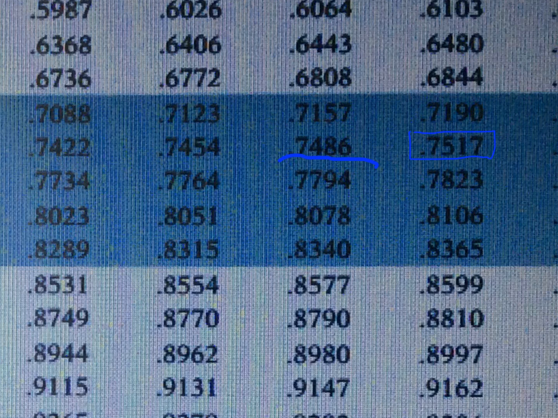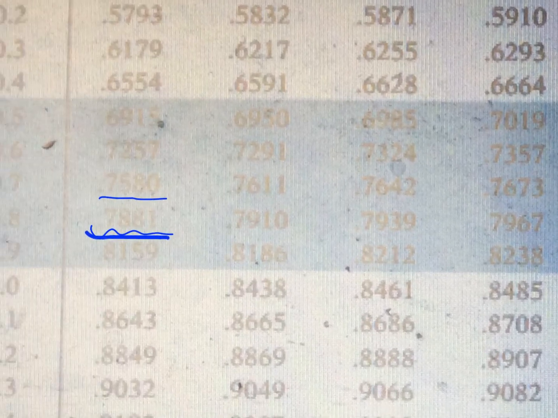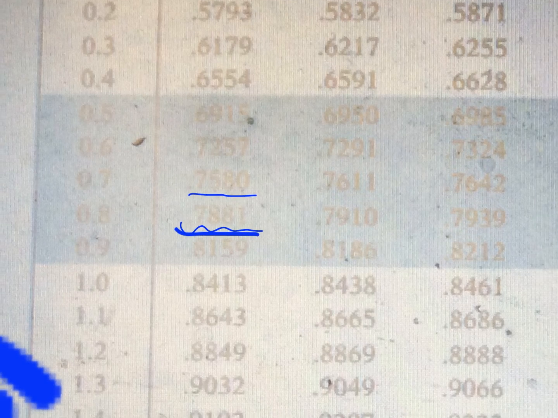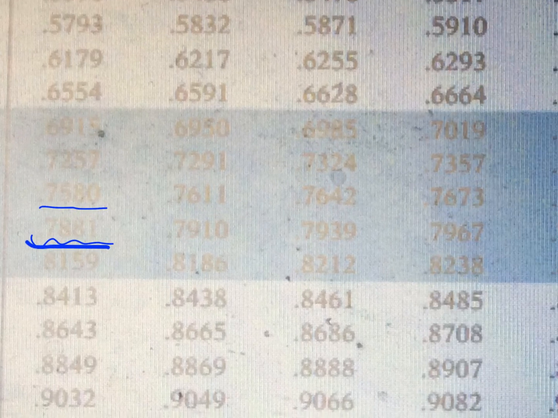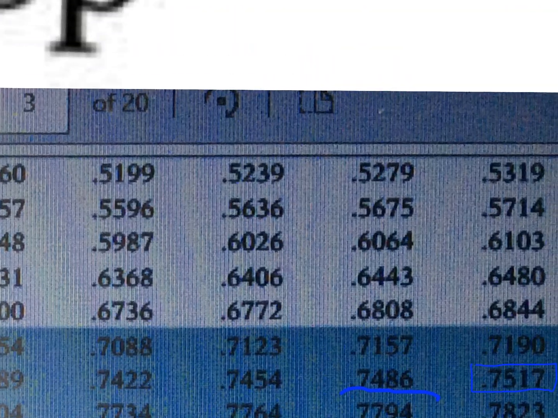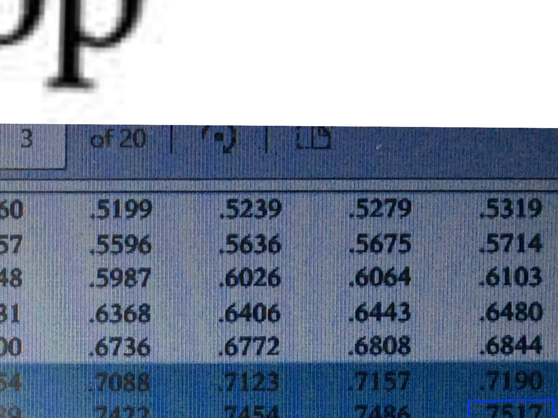So if we back that up and we look at what z-score that would be, then we're going to go back across in this column for the whole number for the beginning part of it, which is 0.6. And then we're going to go back over here and find the column number, and it doesn't look like I got that in my picture, unfortunately.